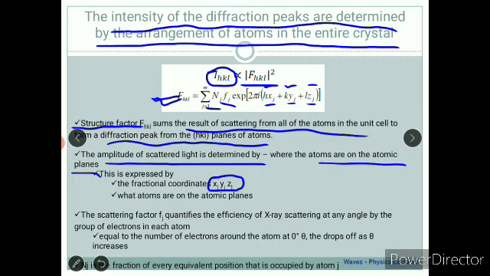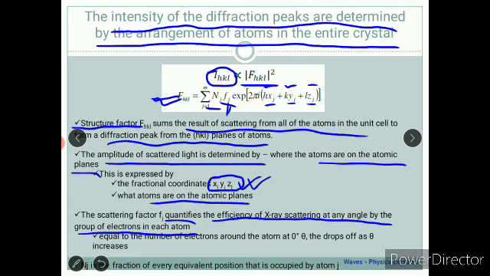We are going to see later how to understand fractional coordinates, but right now we can say these coordinates define the position of the atoms on the atomic plane. Now the scattering factor f_j is one more factor, and it quantifies the efficiency of the X-ray scattering at an angle by a group of electrons in each atom. This f_j determines how efficient the scattering is.